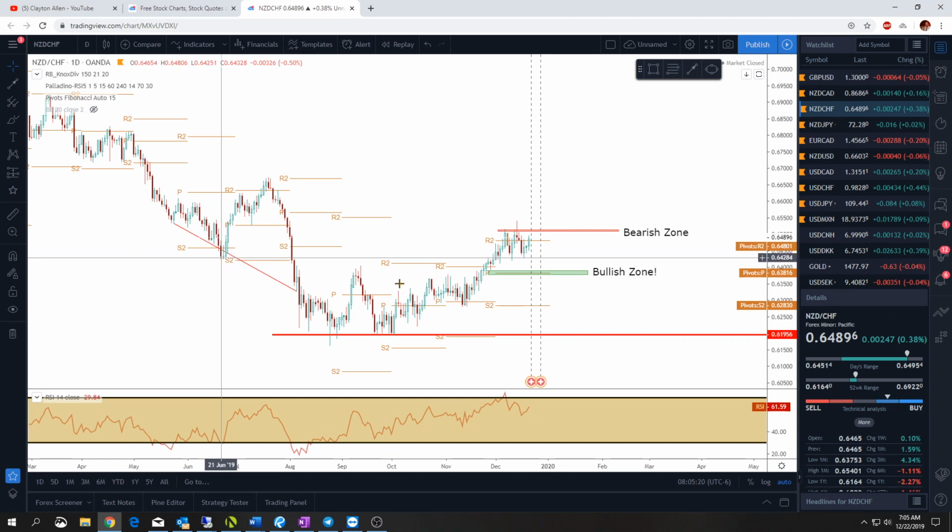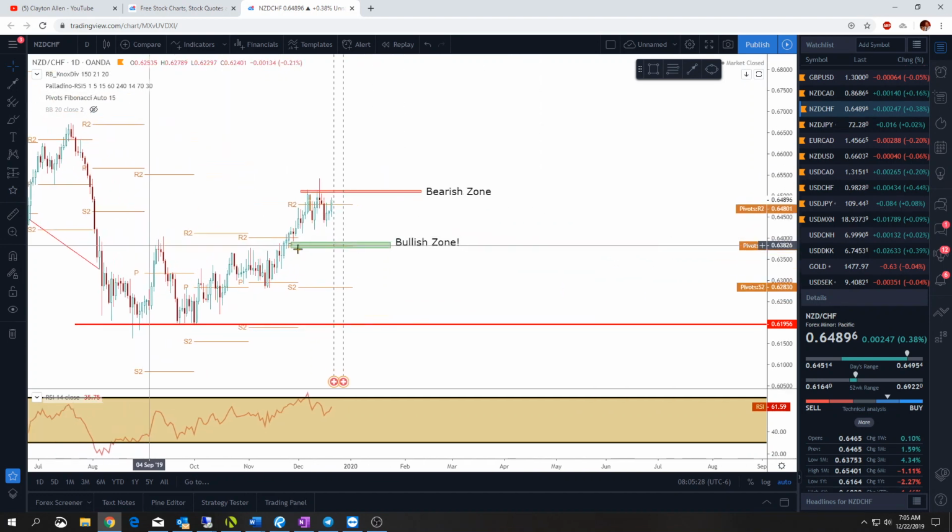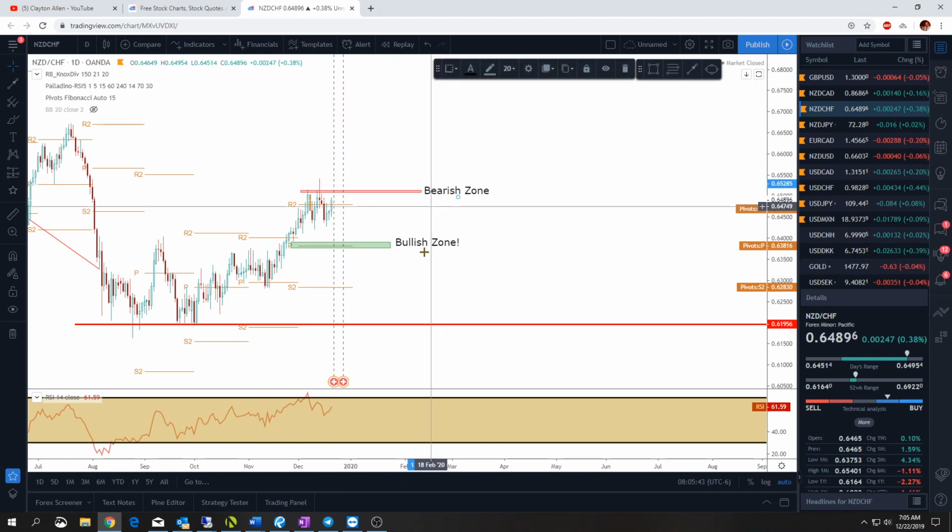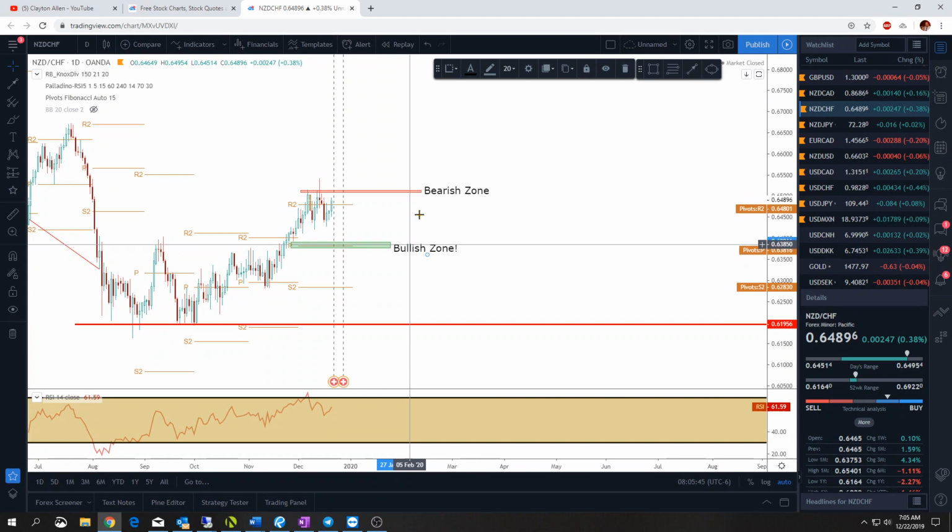It became resistance off of this support, and the next resistance level's all the way up here. So this could be just a consolidation pattern, and if you get a breakout up here, you've got a lot of buying pressure all the way up to this level. So for now, I'm leaving my bearish zone here. I'm just going to be a little more cautious.